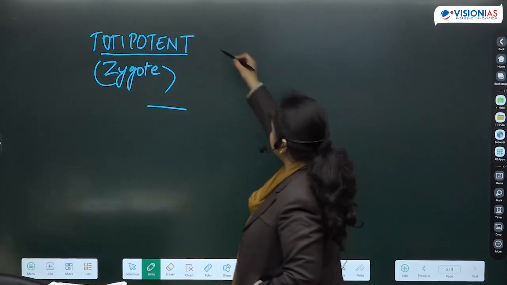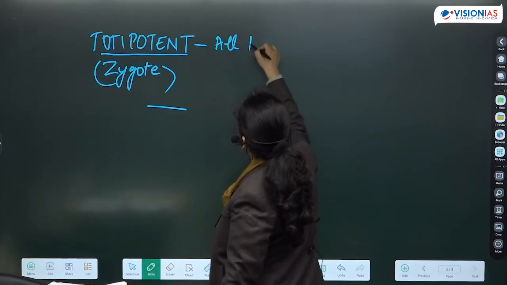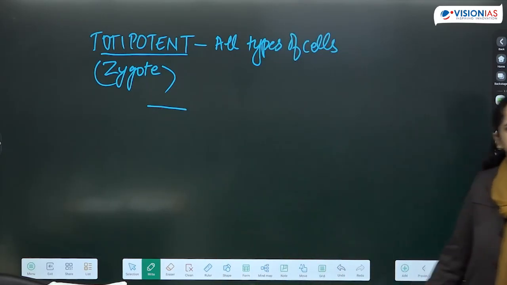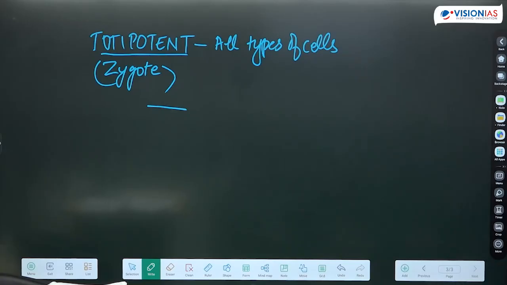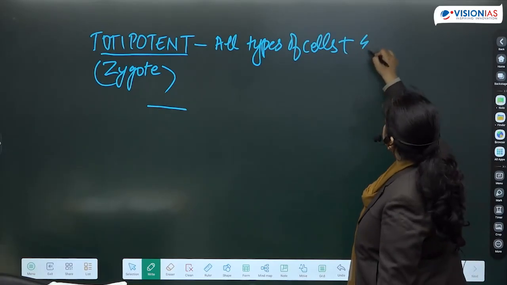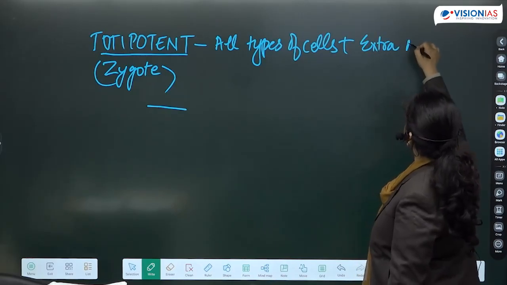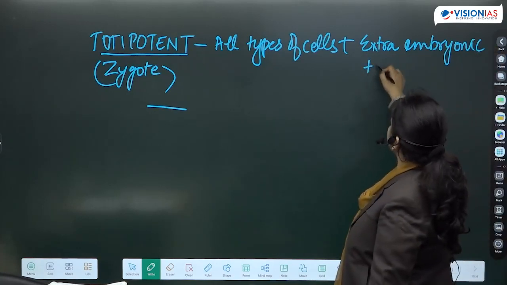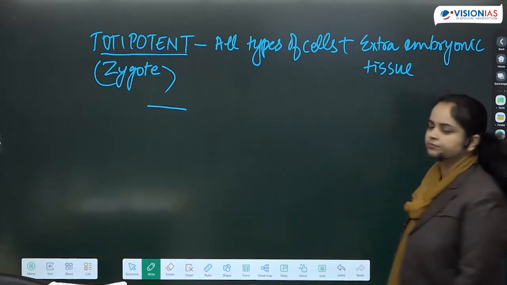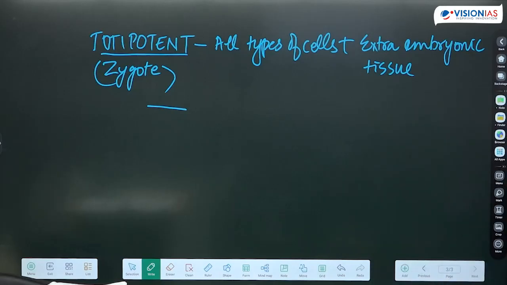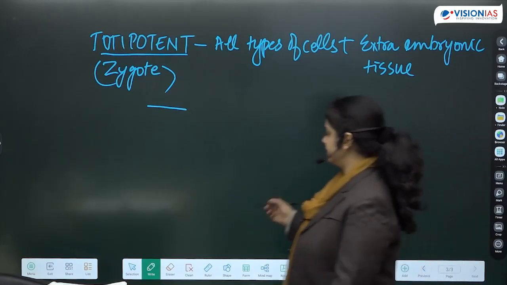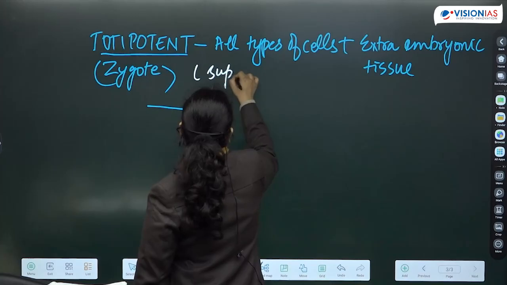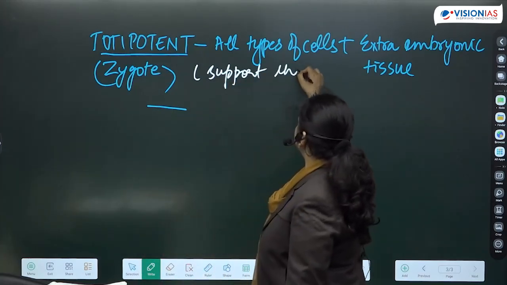Zygote has the property of changing into all types of cells and the extra embryonic tissue. Extra embryonic tissue basically means that tissue or all those things which are needed to support the embryo.